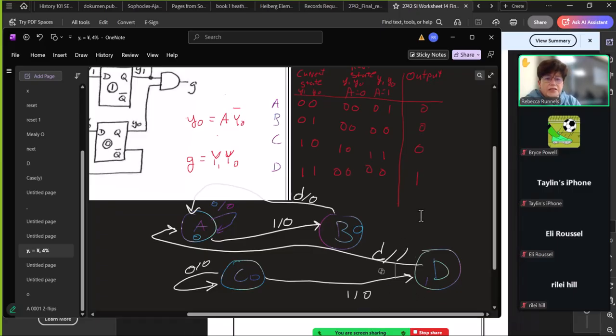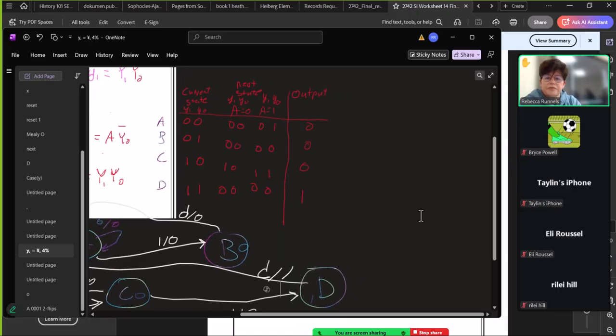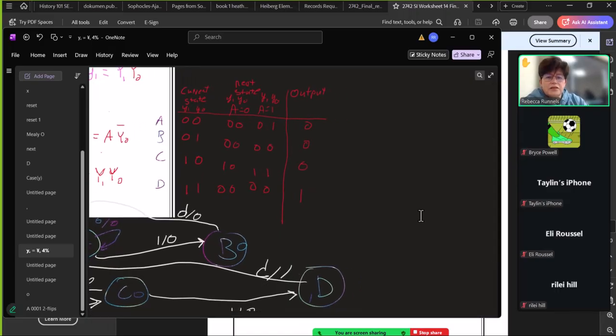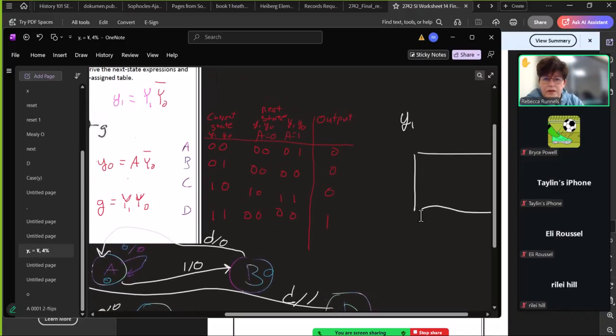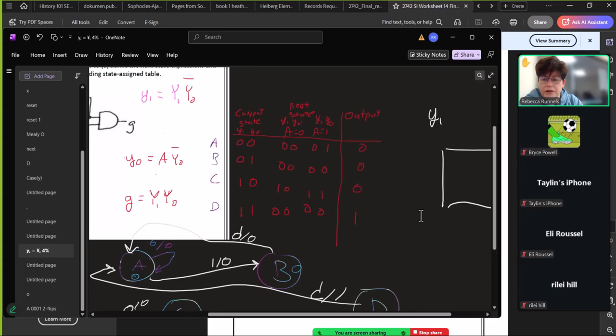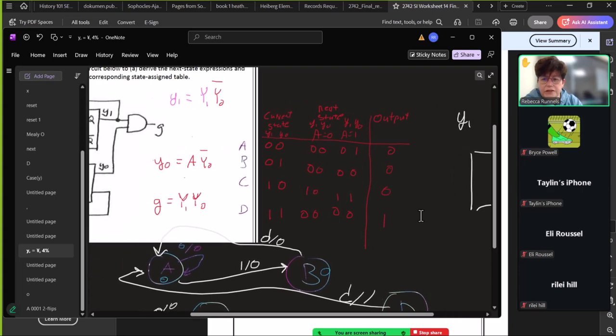So, the next state expressions, let's do y1 first. Oh, we have them, right? Yeah, we don't need anything other than this. Do we?